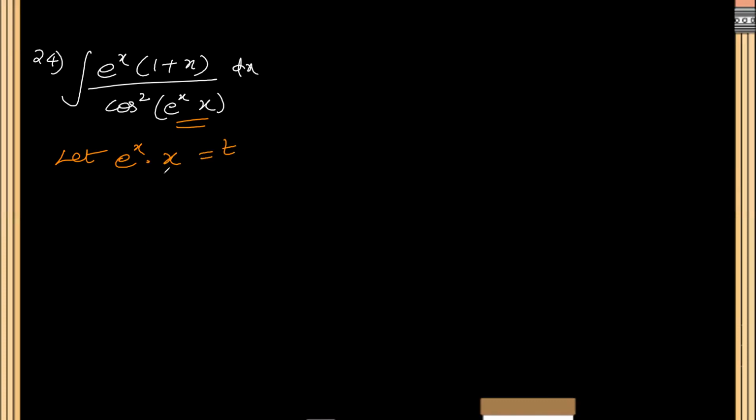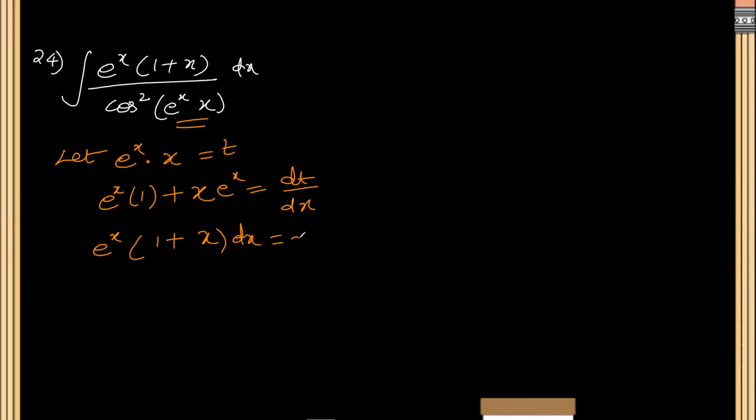Differentiating, we have a product of two terms, so we use the uv method, that is uv dash plus vu dash. Taking e power x, differentiating x, we have 1 plus x into differentiating e power x, we have e power x. That is dt by dx. Taking e power x as common, it is e power x into 1 plus x dx equal to dt.